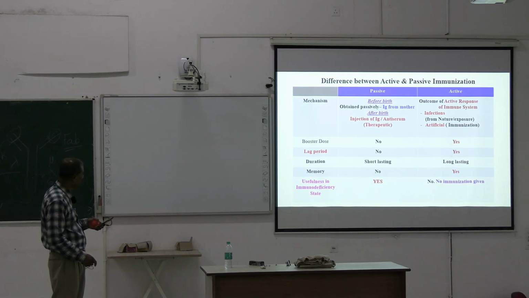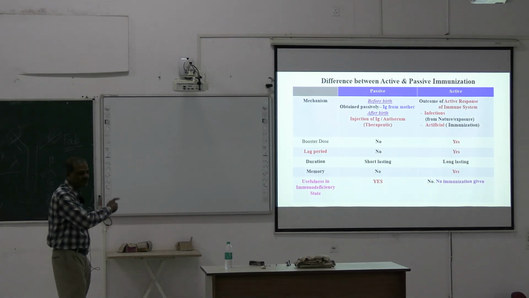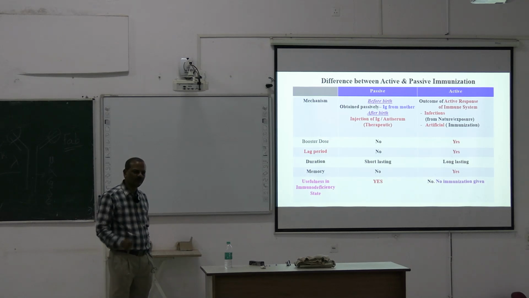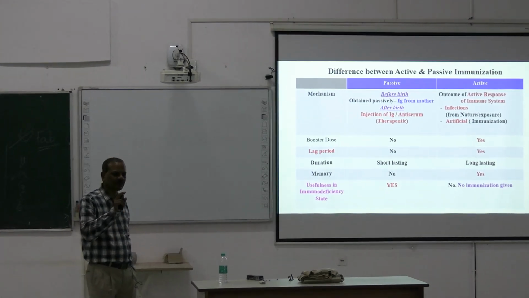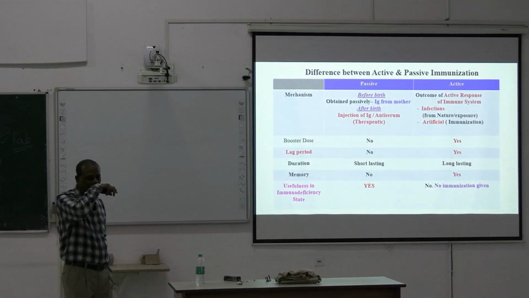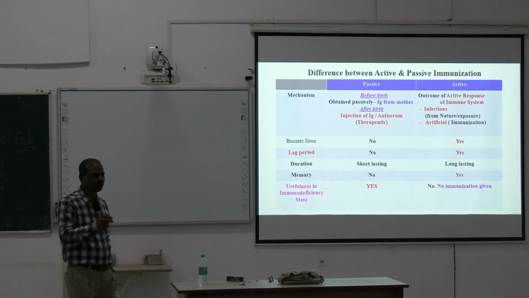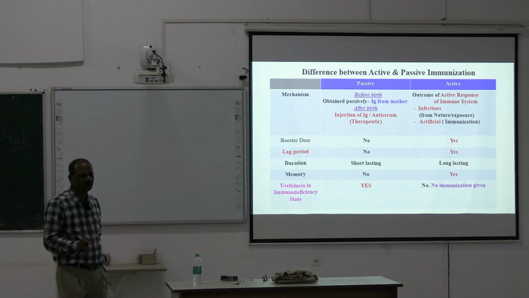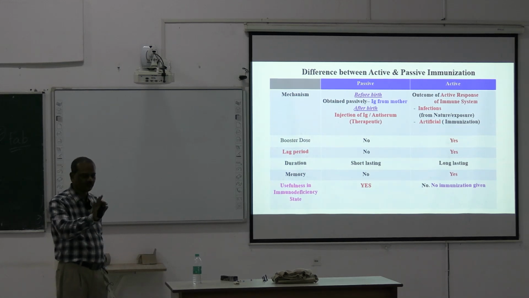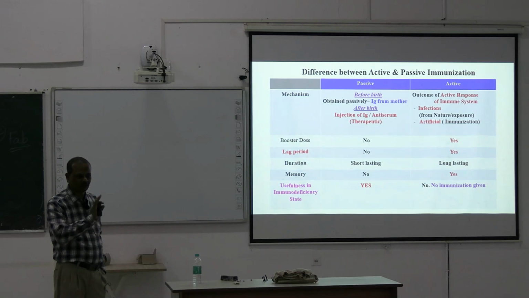Usefulness: immunodeficiency state, you note down. This is clinically important. Because you will be having patients who are having cancers. They do not produce that amount of antibody, or they do not have immunocompetent cells. So some cells of the bone marrow can undergo cancer, so they can no longer function.